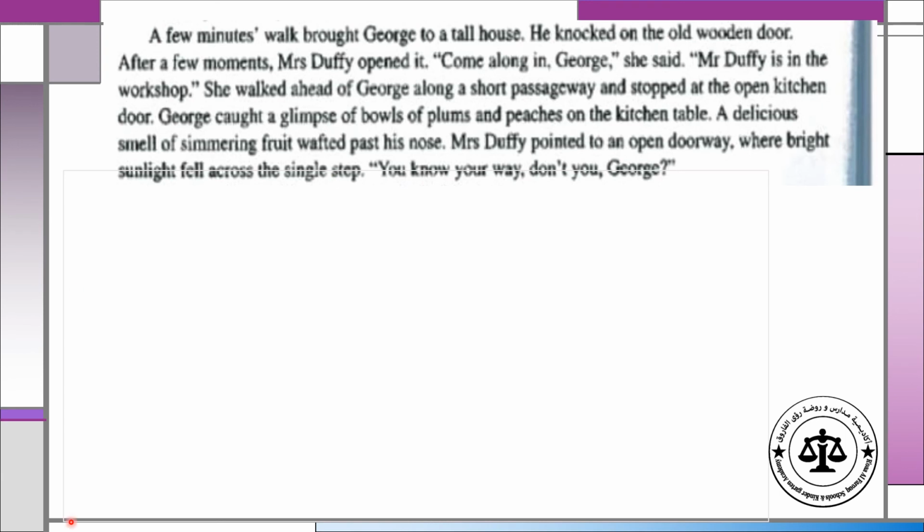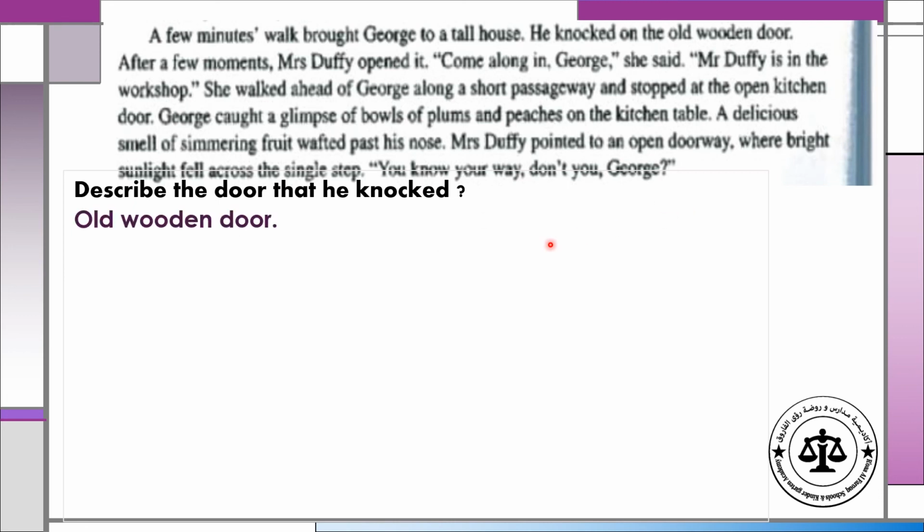And now let's move to the questions about this paragraph. Look at these questions. Number 1. Describe the door that George knocked on. This is the old wooden door. The pronoun it, line 2, refers to the door.